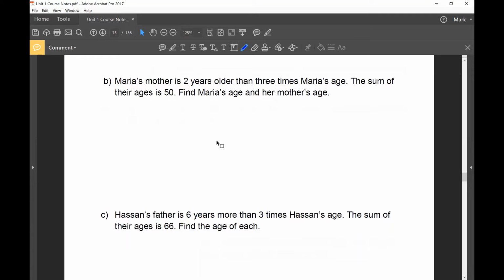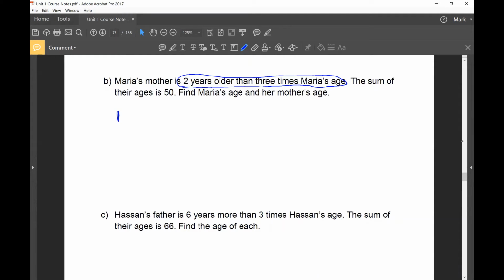First thing you would do is set up who's going to be X and who's going to be the expression, like who's going to be 3x plus 2 is what it actually ends up being. Maria's mother ends up having a formula that's involved with her age.